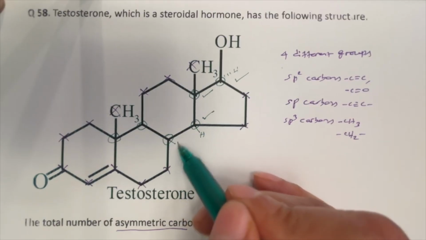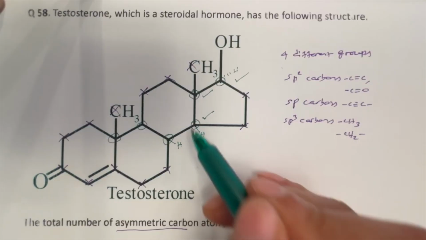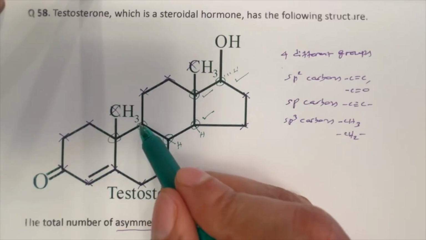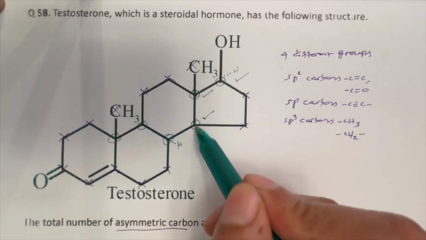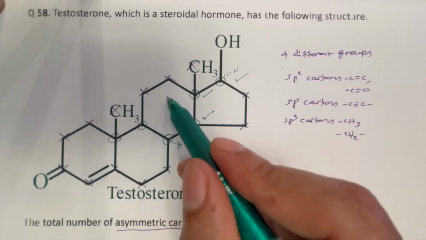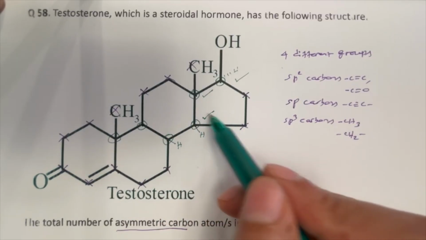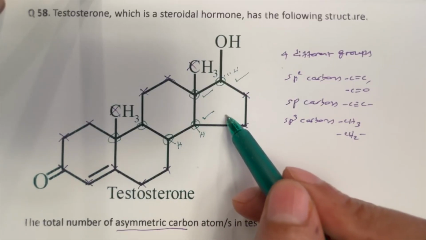Here too we have a hidden hydrogen, CH on this side, CH2, and then we have CH here as well. But this CH is different from this CH because this CH is at the intersection between two 6-membered rings, whereas this CH is at the intersection between one 6-membered ring and one 5-membered ring.